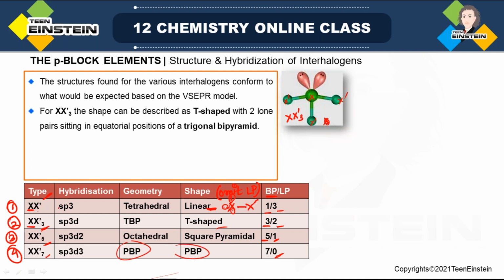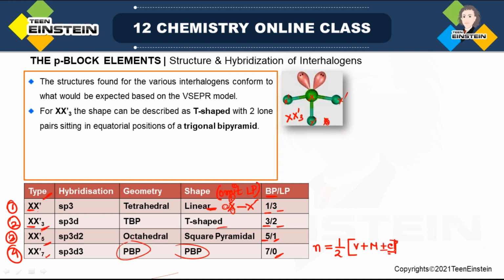And if you are thinking that depending on the type, how we are getting this type of hybridization, that is actually based on VSEPR. So according to VSEPR, we follow this rule, that is N equal to half of total number of valence electrons plus monovalent atoms attached plus minus charge.